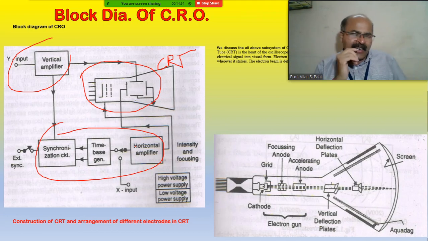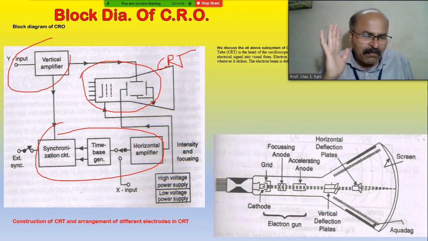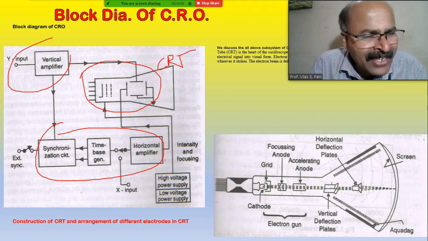Horizontal deflection system with horizontal amplifier, time base generator with synchronization circuit is the third part.